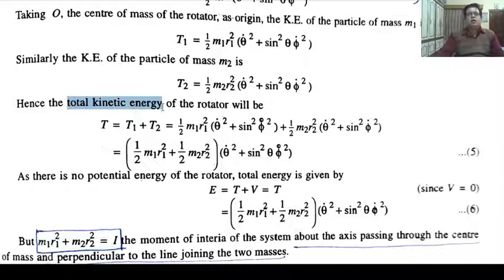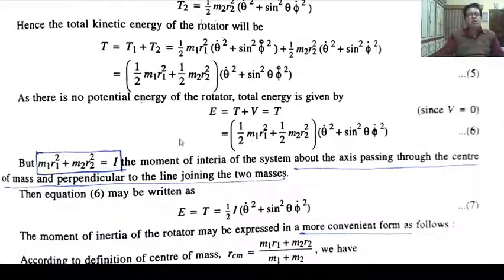Total kinetic energy of the rotator will be the summation of T1 and T2, T equal to T1 plus T2. It becomes (half m1 r1 square plus half m2 r2 square)(theta dot square plus sin square theta phi dot square).